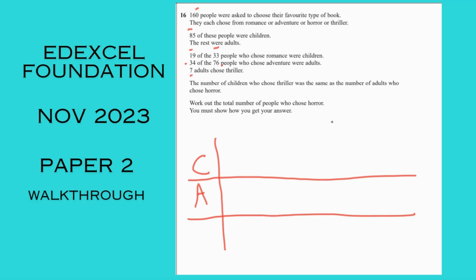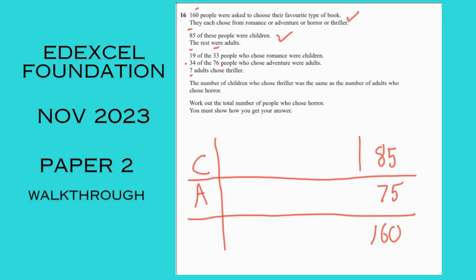160 people were asked. So there's going to be 160 down there. 85 of these were children. The rest were adults.